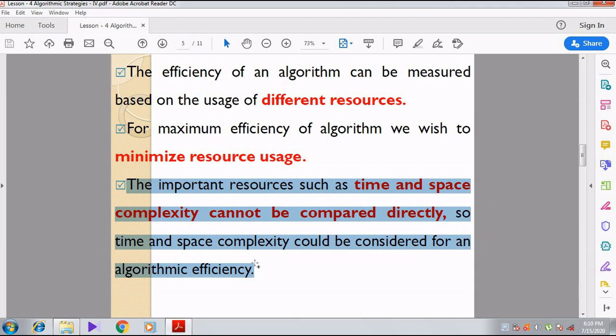For example, for storing data, an integer in C++ occupies 4 bytes. 4 bytes of data means 4 into 1024 bytes, nearly 4000 something bytes it will occupy. But how much time does it take to store the data? Within a fraction of a second it will store the data in memory.